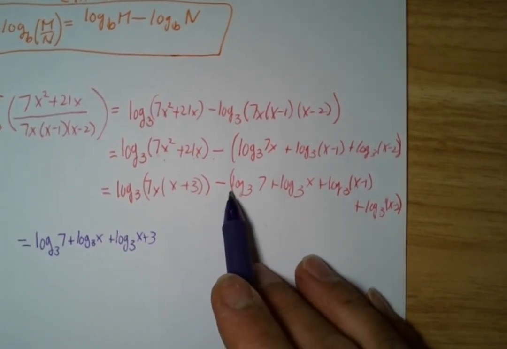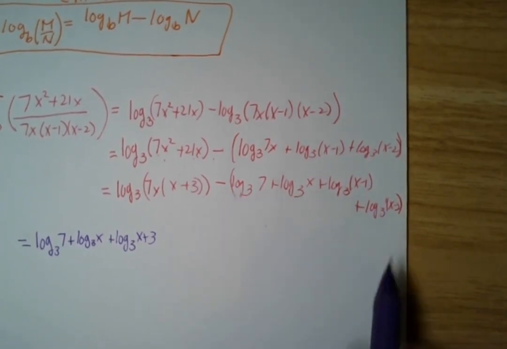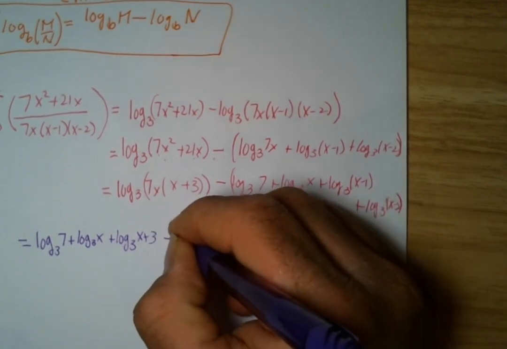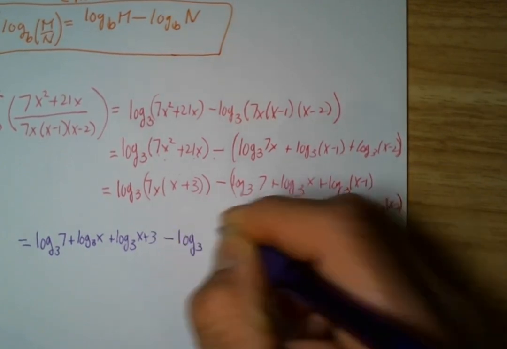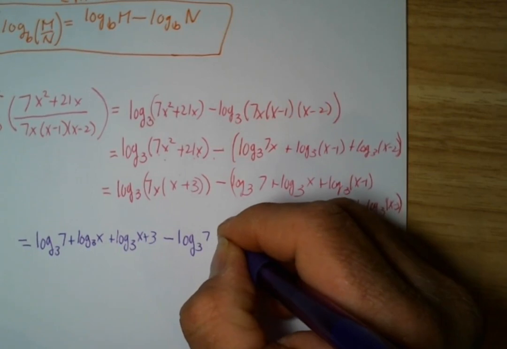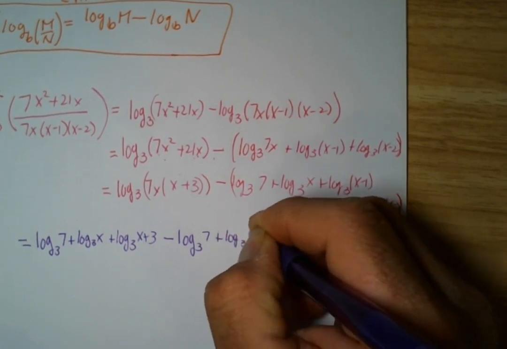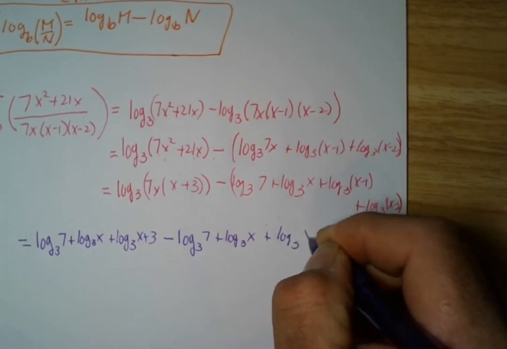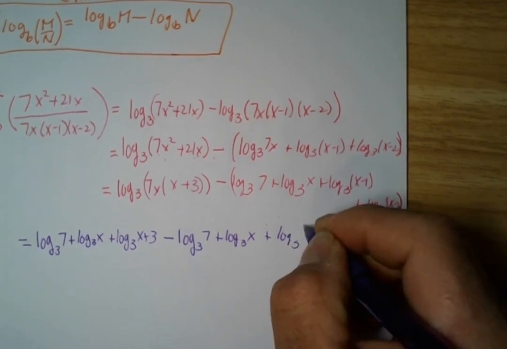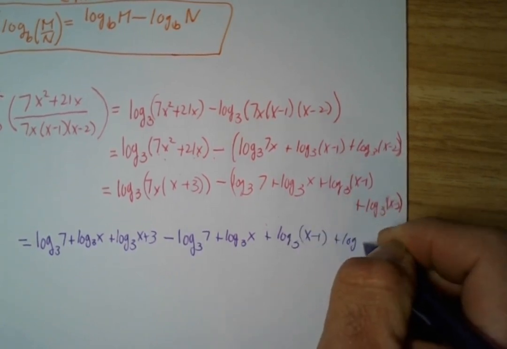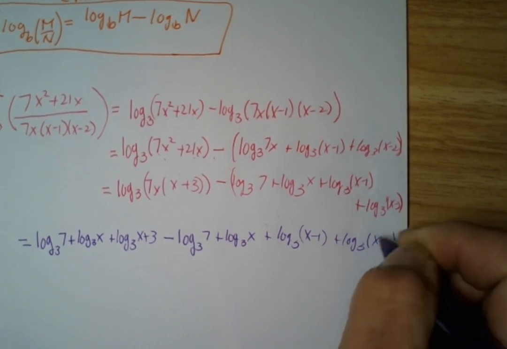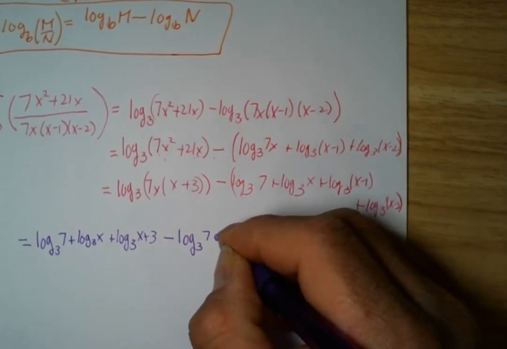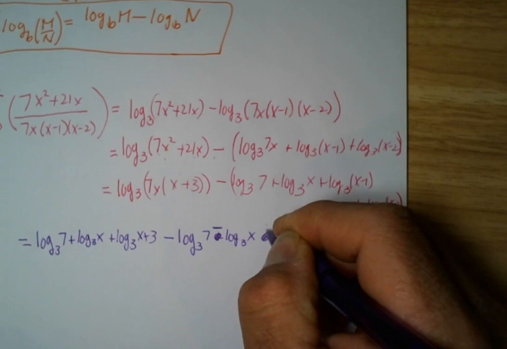And the way I do that is, remember, distribute that negative sign across all the terms. So we have minus log base 3 of 7, plus log base 3 of x, plus log base 3 of x minus 1, plus log base 3 of x minus 2. Well, excuse me. I said not to do it, and then I did it myself.